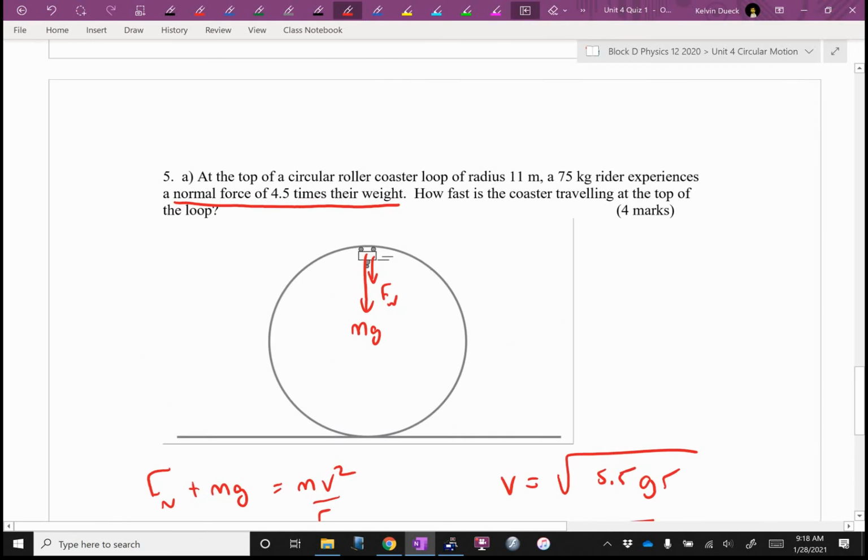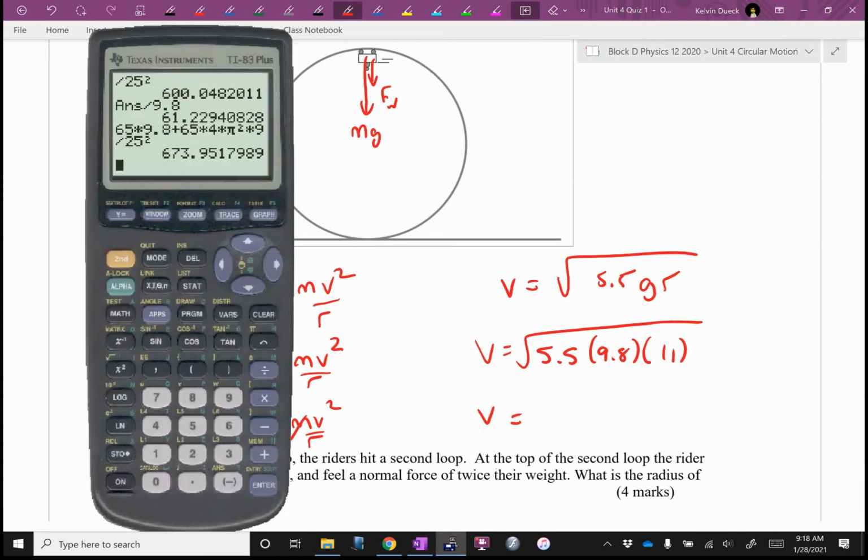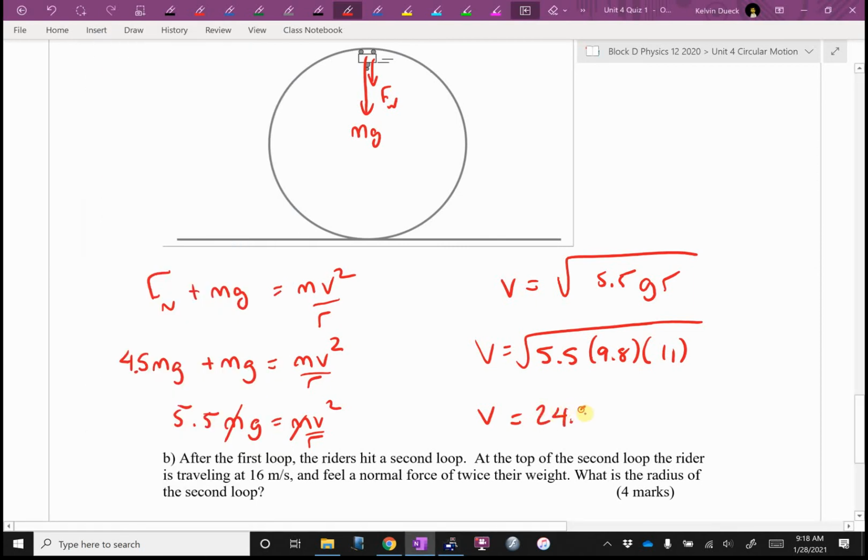What was the radius? 11. You get 24.3? Yeah? Okay.